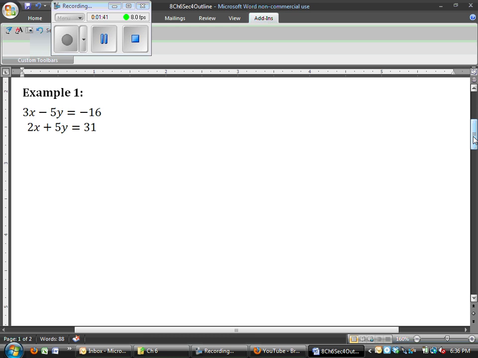And I notice if I look at my y values, I have the same variable, I have the same coefficient, but I have different signs in front of them. So what I can do is add these two together. And I'll do x's together, y's together, and then my answers.